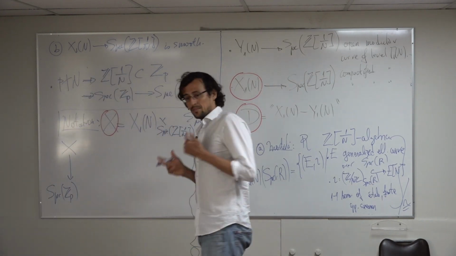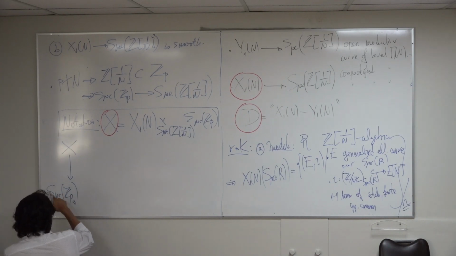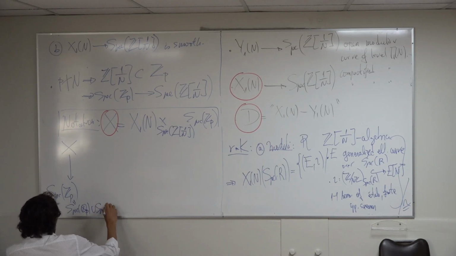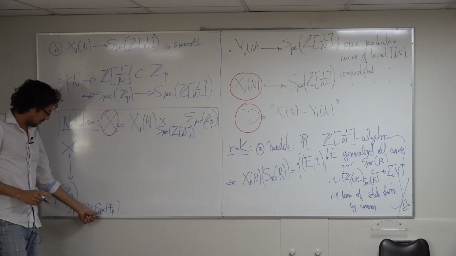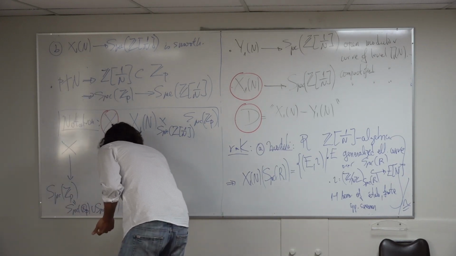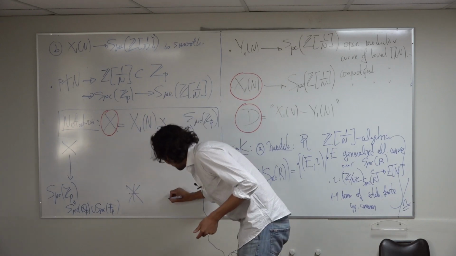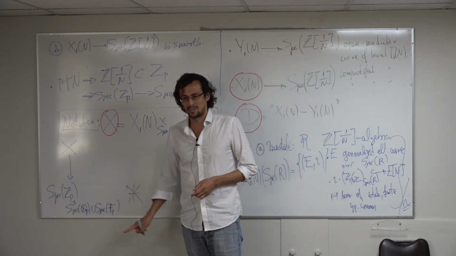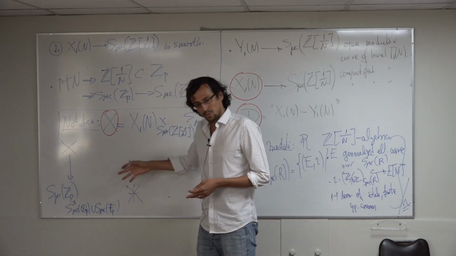But a spectrum of Z_p has 2 points. If you look at the definition, this is a spectrum of Q_p disjoint union the spectrum of F_p. This point is kind of bigger than this other one. This is closed, this is an open point. So the picture that you need to have in mind is that this is the generic point attached to Q_p, and this is the point of the special fiber. So you have 2 fibers, one attached to each point.